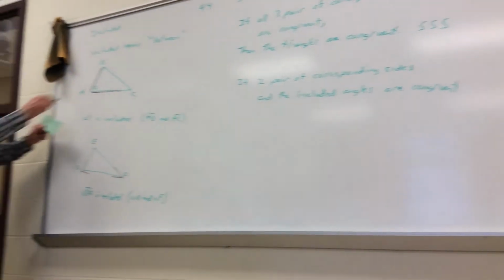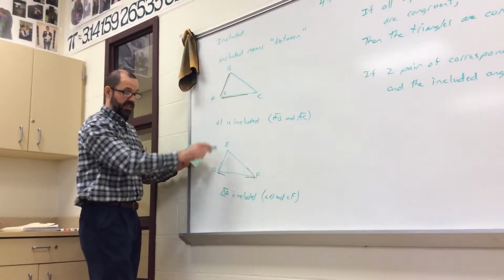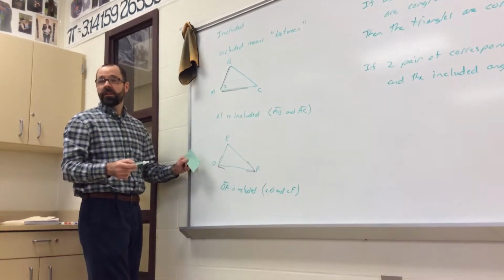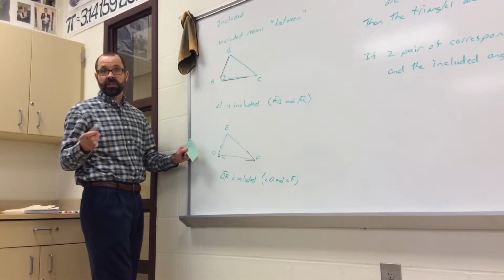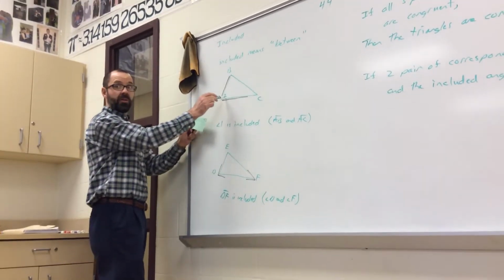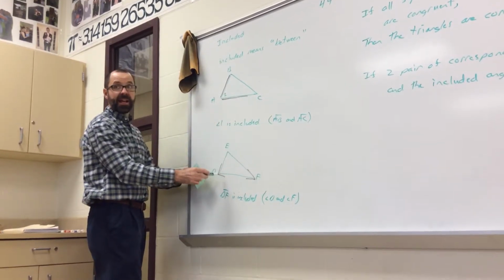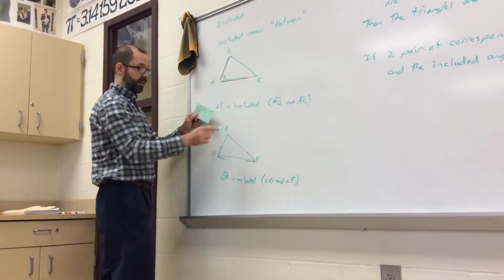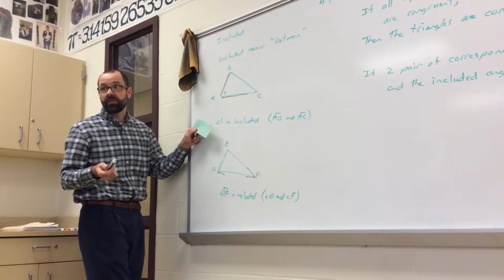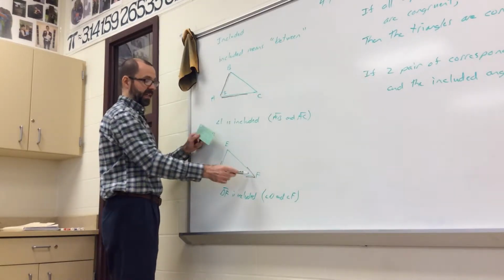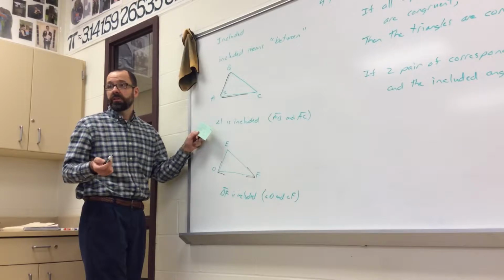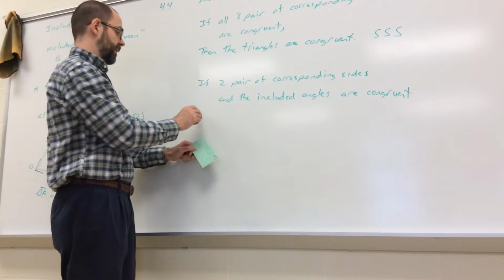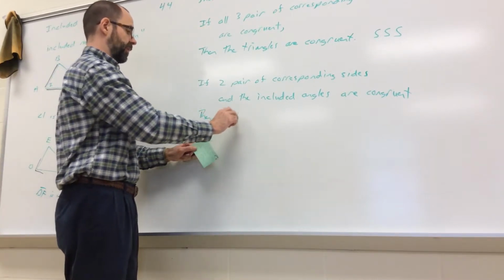So this time we measure this side, and we see that it matches up with that side. And then we measure this side, and we see that it matches up with that side. And then we use our protractor and measure this angle and see that it matches up with that angle. It turns out you don't have to measure this side and that side because automatically they'll be congruent. You don't have to measure that angle and that angle because automatically they'll be congruent. So if you have 2 pair of corresponding sides and the included angle congruent, then that's enough to prove that the triangles are congruent.